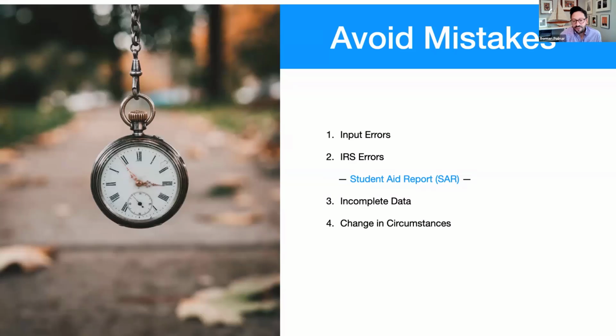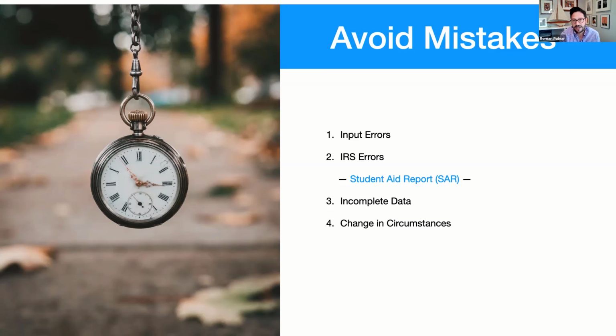Now, you might also have something, let's say after you've applied or submitted the FAFSA and confirmed that everything was correct, you might have a change in circumstances. Maybe you were affected by the COVID-19 pandemic. Maybe somebody got sick in the family and you're taking care of another family member. Your medical costs have gone up.